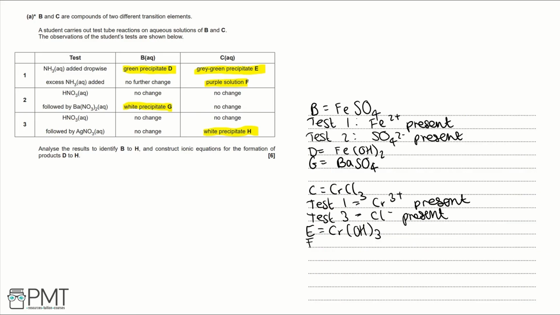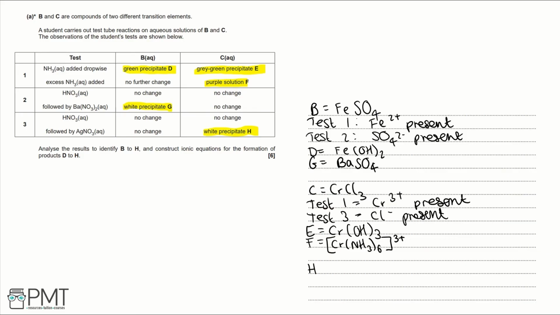Then if we look at F, that's going to be square brackets Cr(NH3)6, and we're going to get a 3+ charge. That's because we've got this excess of ammonia, so it's present in our complex.